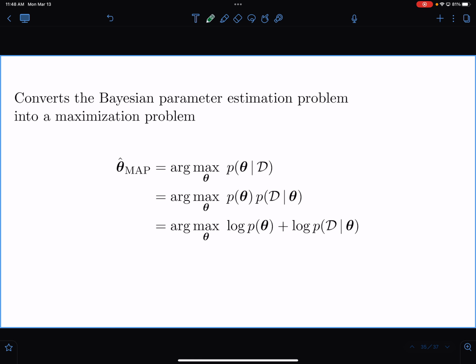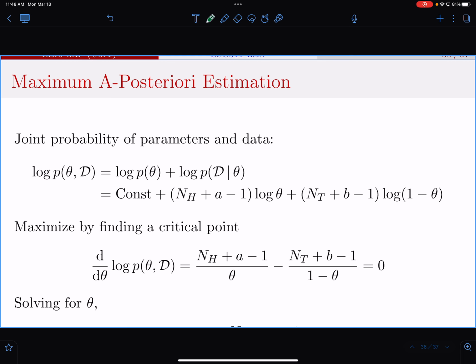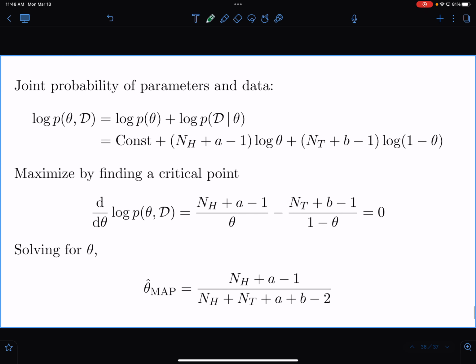And because we can take the log trick, you can also write this out as a sum of two separate terms. So if we wanted to compute the MAP estimate for this coin example, we can add the log of P of theta plus the log of P of the data set given theta and take the derivatives, set them equal to 0. We'll work out another more complicated example for the MAP later.